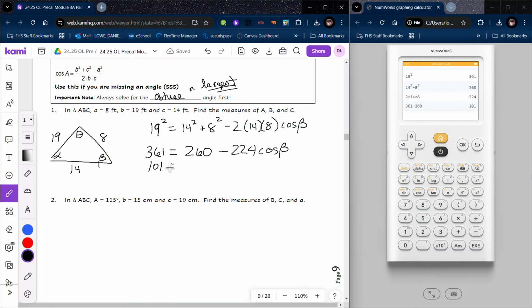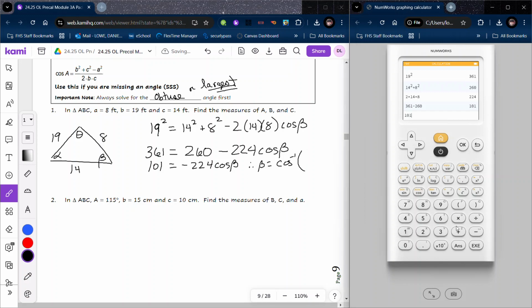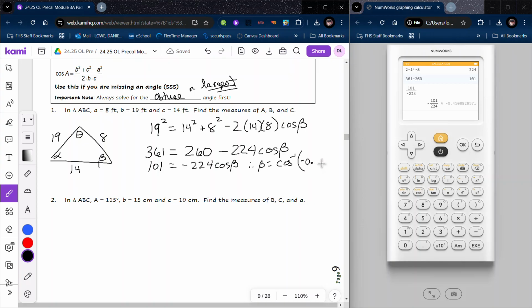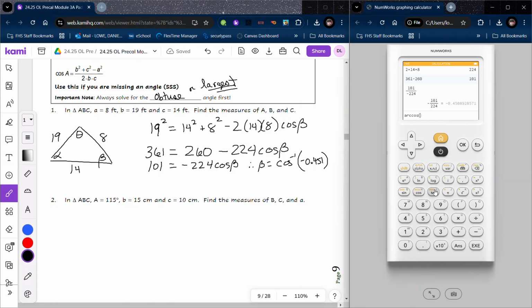So 101 is going to be equal to negative 224 cosine of beta. So therefore, beta is going to be the inverse cosine of 101 divided by negative 224, which is negative 0.451 essentially.